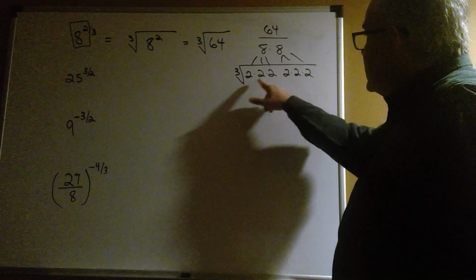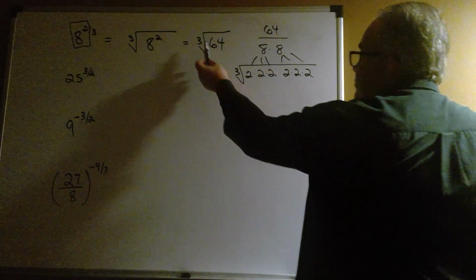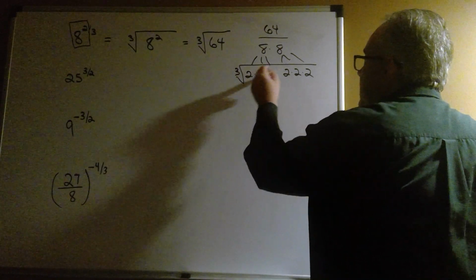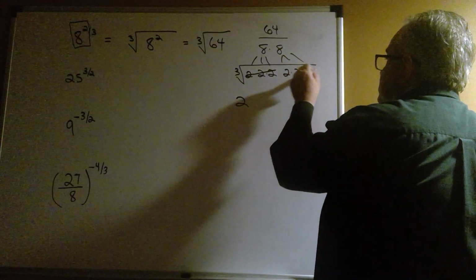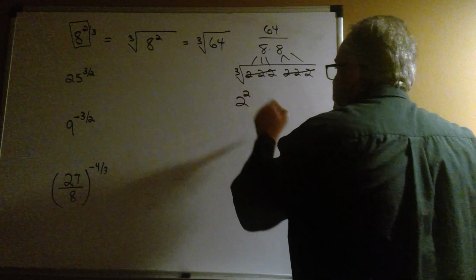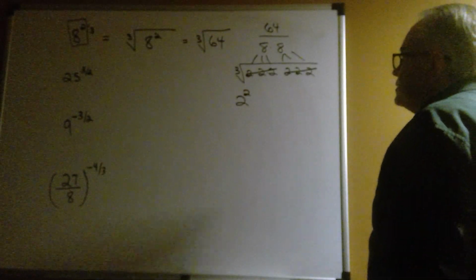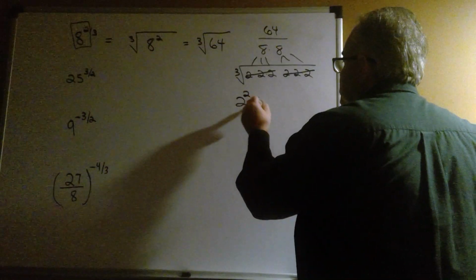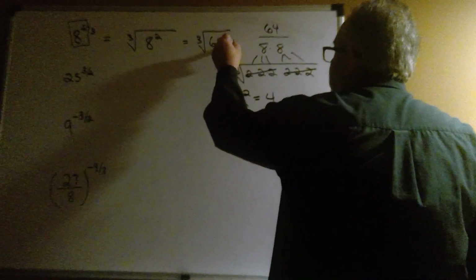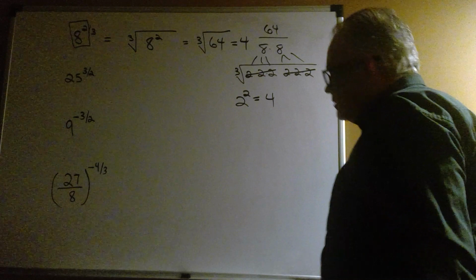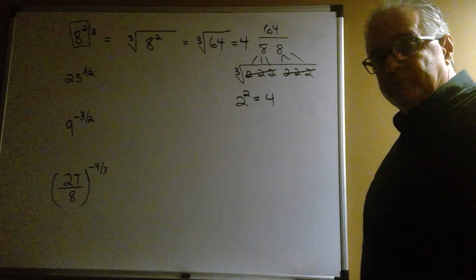For every 3 of the same number, I'm going to take 1 out. So here's 3 2's, a 2 comes out. Here's 3 more 2's, another 2 comes out. So I've got 2 to the 2, which is 4. So this ends up equaling 4. And we're done with that.